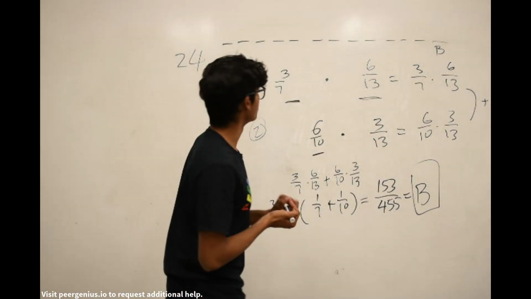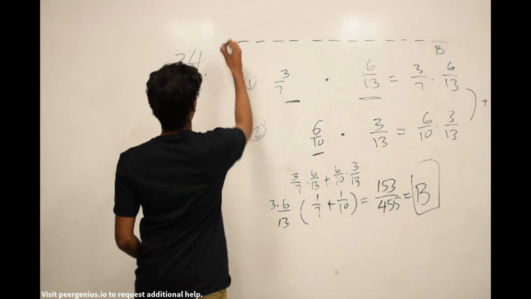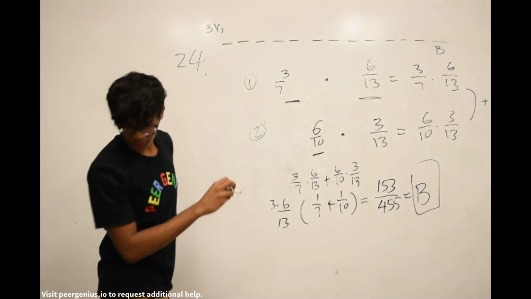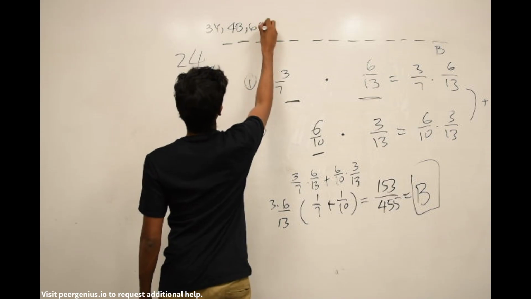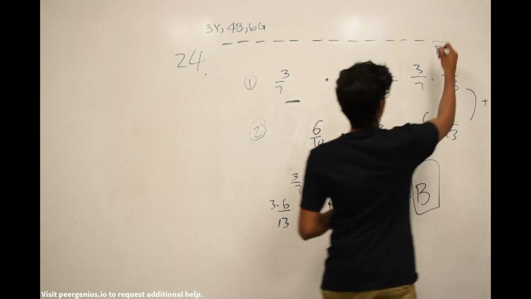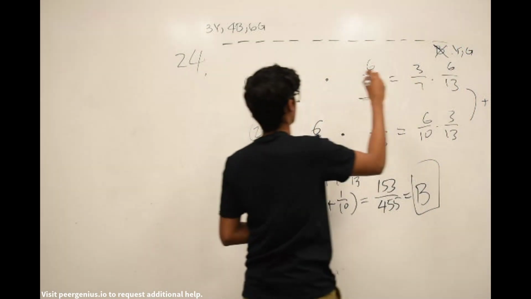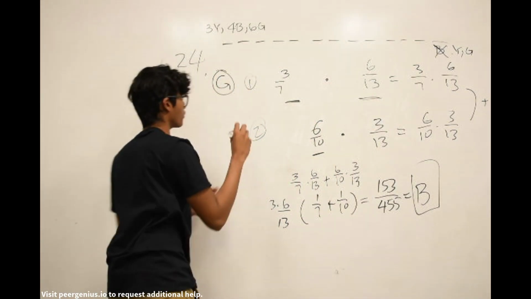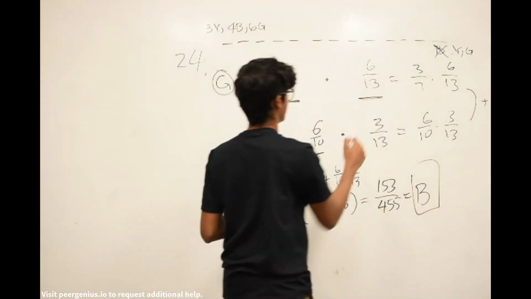So there are 3 yellows, 4 blues, and 6 greens. Since the blue can never be last, you're going to have either yellow or green at the last spot. This is your green case. If the green is last, that's a 6/13 possibility of it being in the last spot.